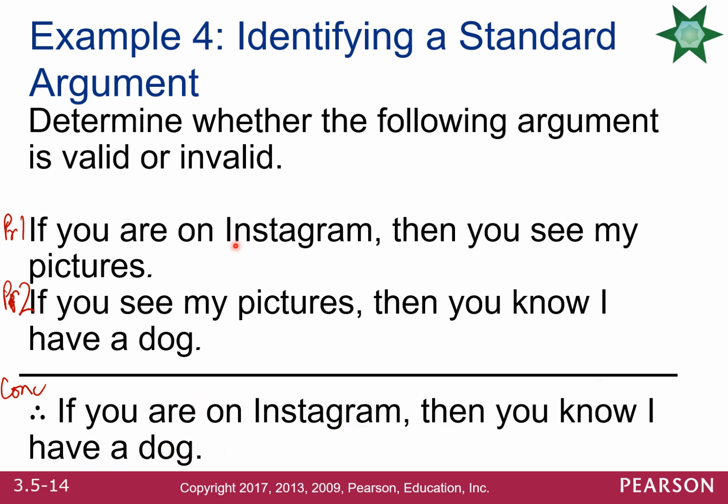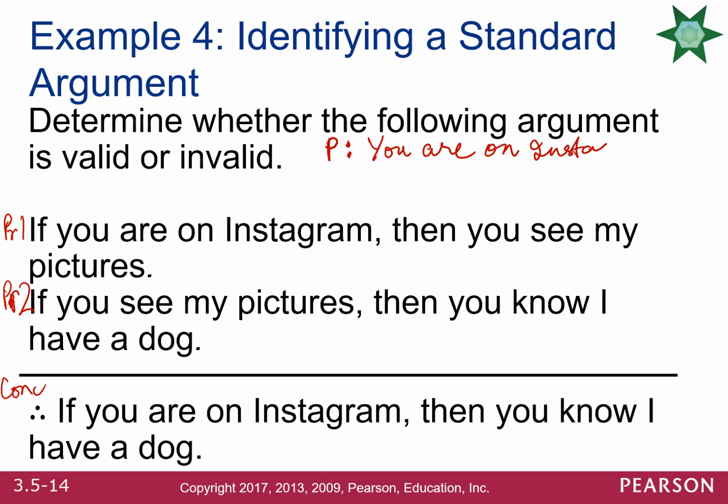All right. So first, I'm going to break each of these compound statements, conditional statements, into simple atomic statements. There are 3 statements that we can come up with. P will represent you are on Instagram.